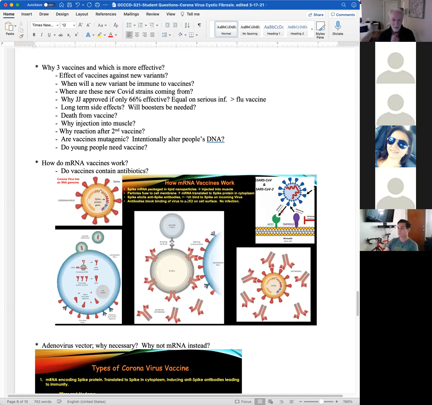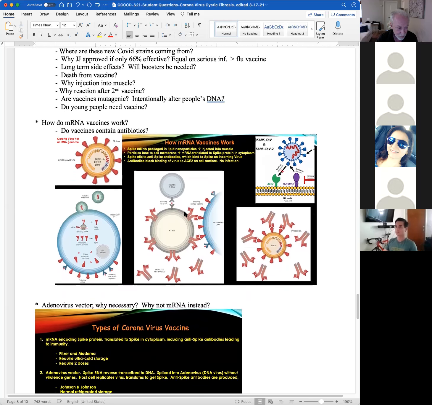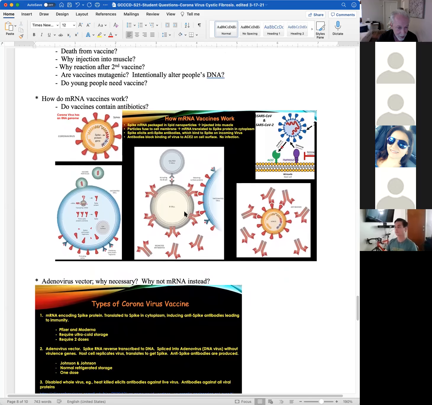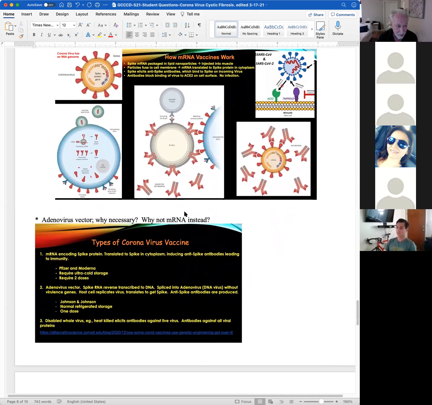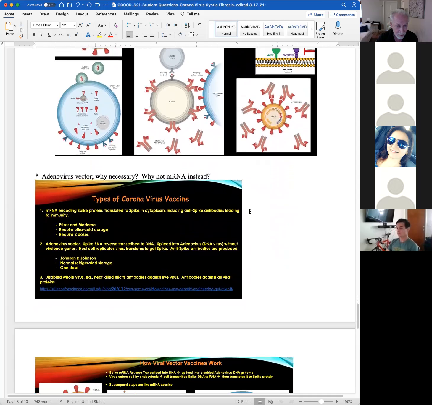And I should emphasize that mRNA vaccines are new. As far as I know, this is the first time mRNA has been deployed as a vaccine, and it's very curious that 2 pharmaceutical companies have adopted this for coronavirus. So then several people raised the question, well, if mRNA works so well, why do we have an adenovirus vector?